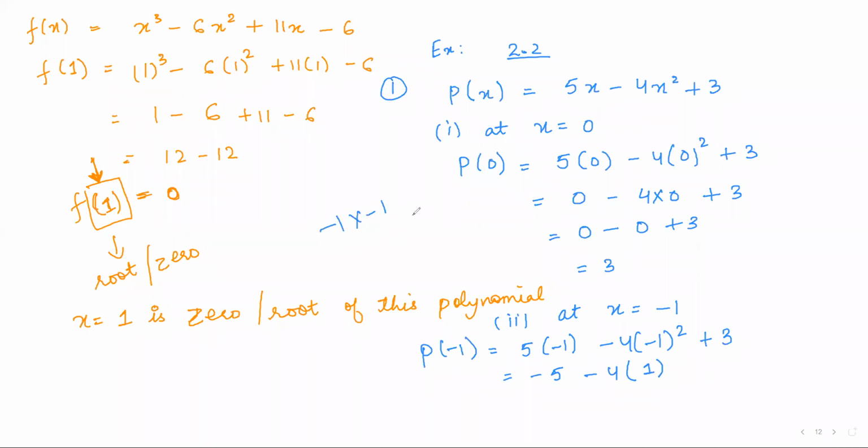Minus 4 into plus 1, and then plus 3. So minus of 5, then minus of 4 plus 3. So you get minus of 9 plus 3, which is equal to minus of 6. So that's the value of the polynomial at x is equal to minus 1.